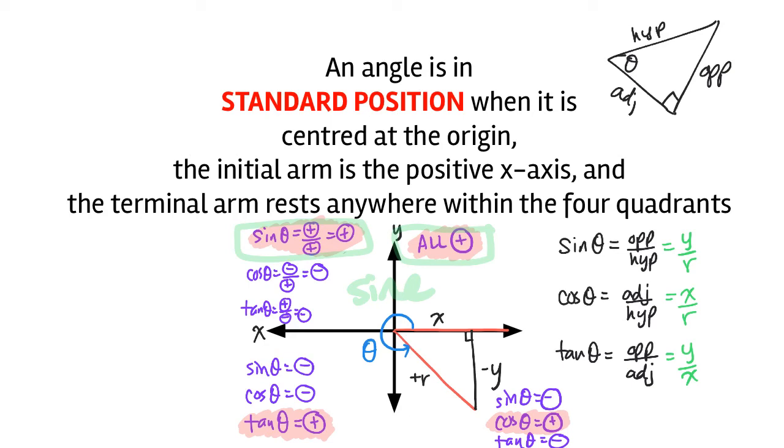Whereas cosine is positive in that first quadrant where they're all positive, of course, and down here. So cosine is positive on the right-hand side of our Cartesian plane. So that leaves that tan is positive in that first quadrant where everybody's positive, and in this quadrant over here. So these are the ones that are diagonal across from each other. This is where tan is positive.